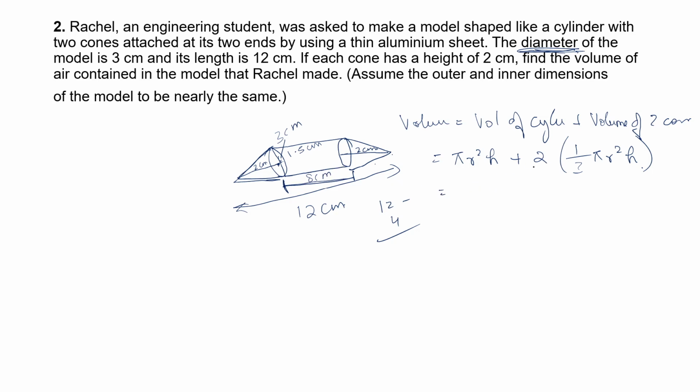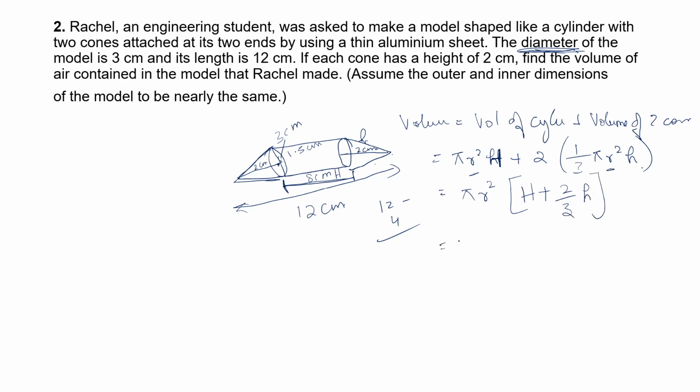So in this, what can we take common outside? R is going to be same in both, so you can take pi r square common outside. This h we can differentiate like this: the height of the cylinder we can take h, and this one we can take small h. So this h is inside, and here this 2 by 3 is inside, into small h.